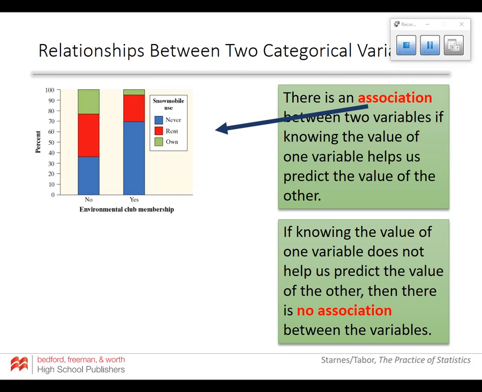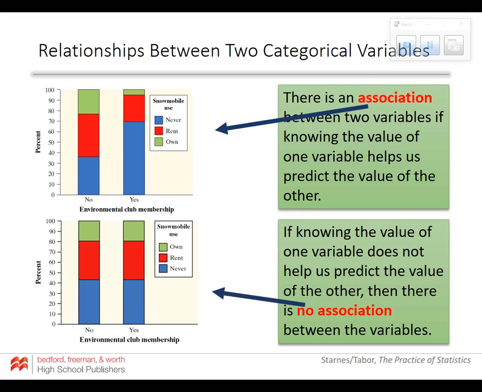And what would it look like if you knew that there's just no way to tell which group they came from? Like, what would be the picture that would represent that maybe there's not an association? They're pretty much the same. Okay, they're pretty much the same, right? Their percentages for nevers were the same. Their percentages for rent and own were the same. If they're pretty much the same, then really there's not that much of an association, right? Okay, good. And so there's the no association picture.